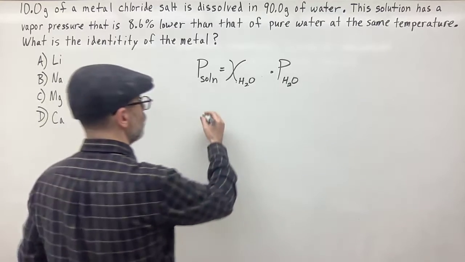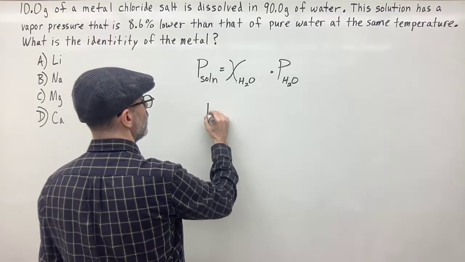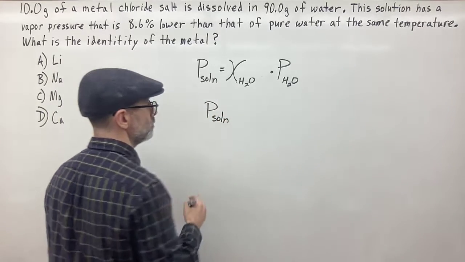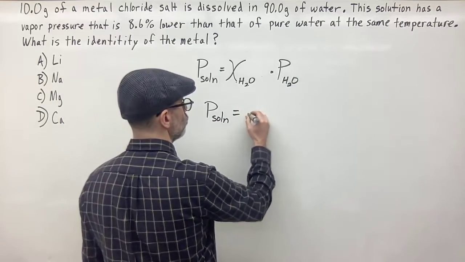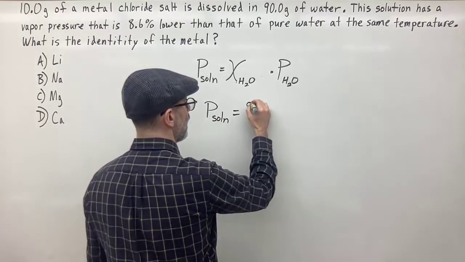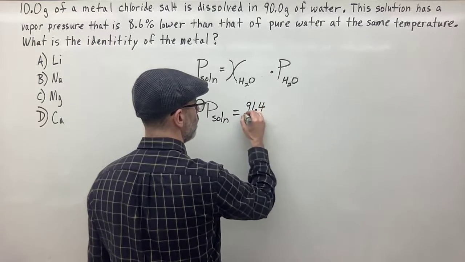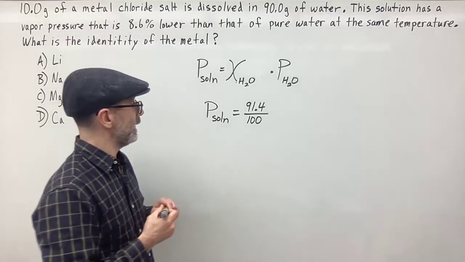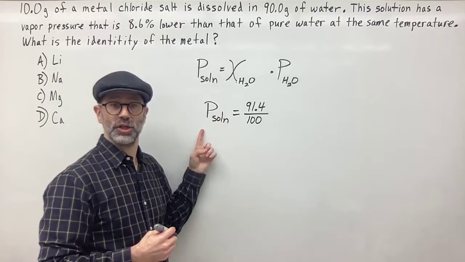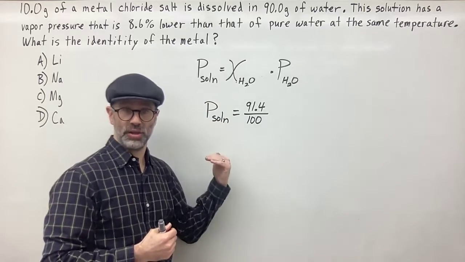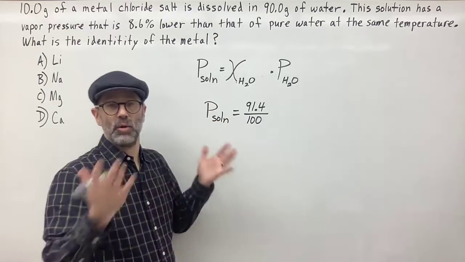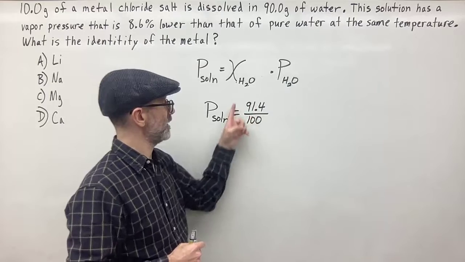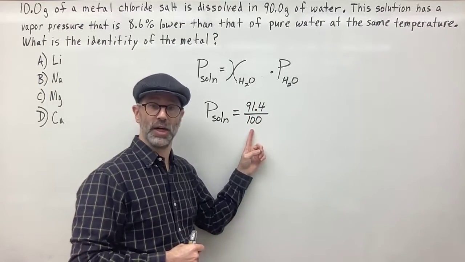So I could write it this way: the partial pressure of the solution is going to be equal to 91.4 out of 100. If the partial pressure of the solution is 8.6 lower than that of water, and we make water 100, then it's going to be 8.6 less than that. That gives us 91.4 out of 100.